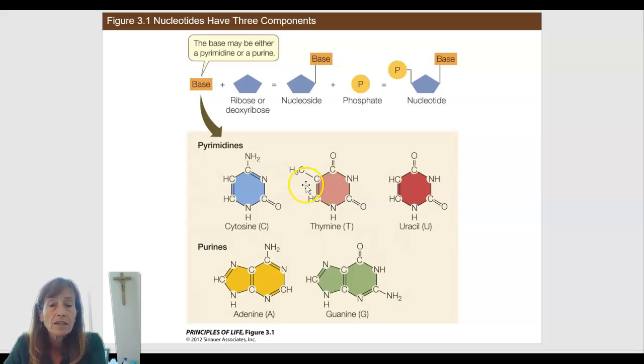But RNA has cytosine too, but it has uracil. So thymine, we'll put an X through there. Purines have a double ring structure. So here you can see how they are structured. Remember, these are the nitrogen bases, and so you can see nitrogen throughout all of these molecules. So adenine is a purine, and guanine is a purine.